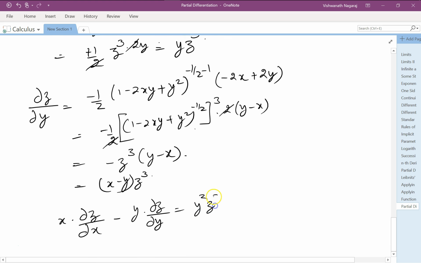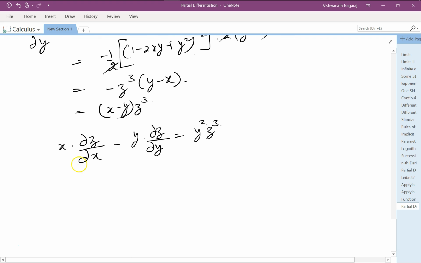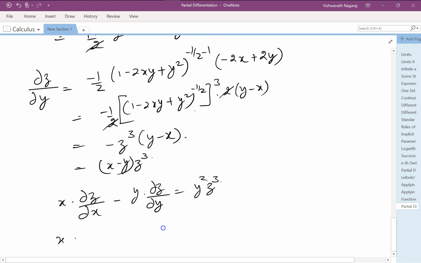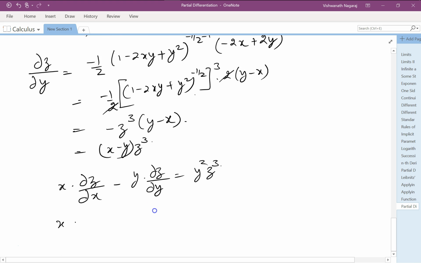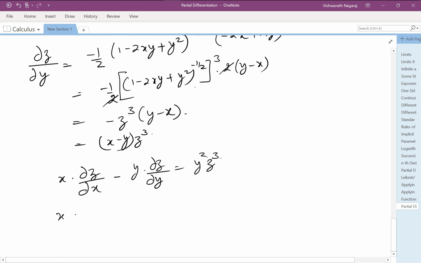Y square z cube. Let's do this. X times, and this is what? Yz cube, minus y times, and this is (x minus y) z cube.